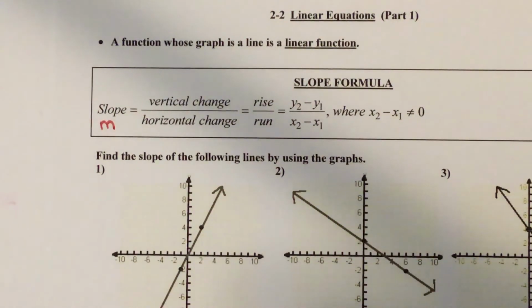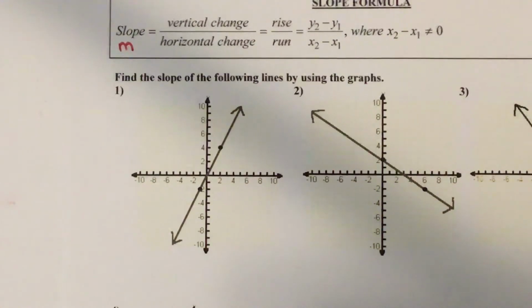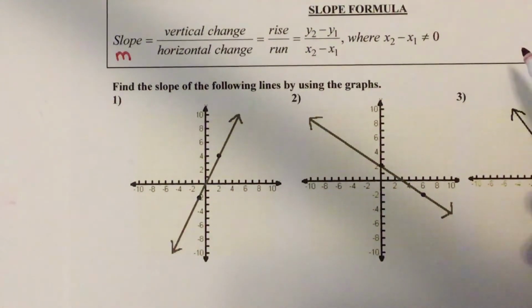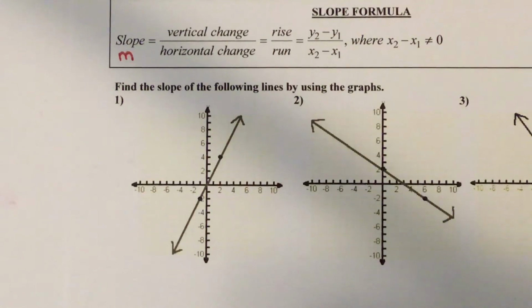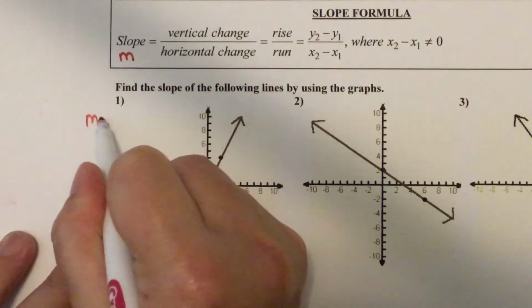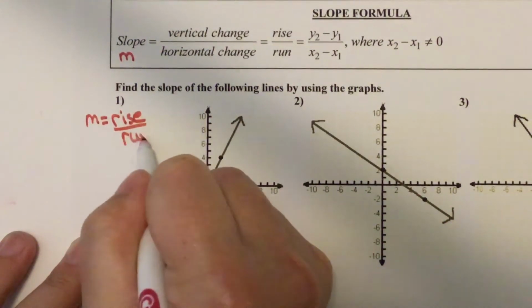Okay, so first thing we're going to do is find the slope of these graphs. Now, I apologize because my printer is having issues making the grid, but I think we'll be able to do it. So I'm going to show you two different ways of how you can do this. One thing that's important is that you remember slope is defined as rise over run.